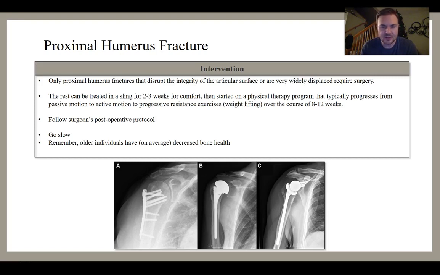You can see that this tries to mimic your normal shoulder anatomy, creating a ball on the humeral side and then a socket on the glenoid side. And it actually looks like they don't have a glenoid sided articulation, most do. And then in C, we have a reverse shoulder arthroplasty.